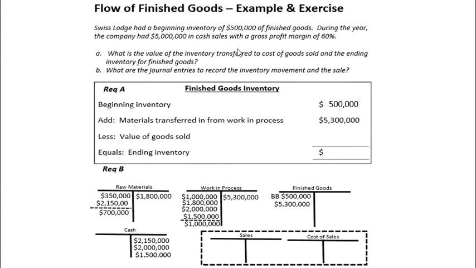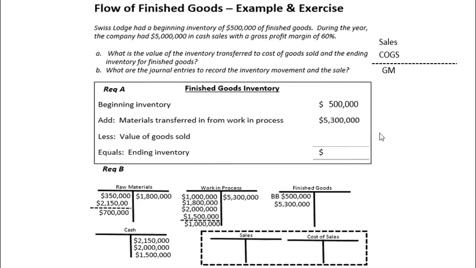So in this case, you not only have to understand your inventory flow, beginning plus input minus output equals ending inventory, you also need to understand a little bit about your financial ratios, or at least one financial ratio that you learned about in chapter 14.